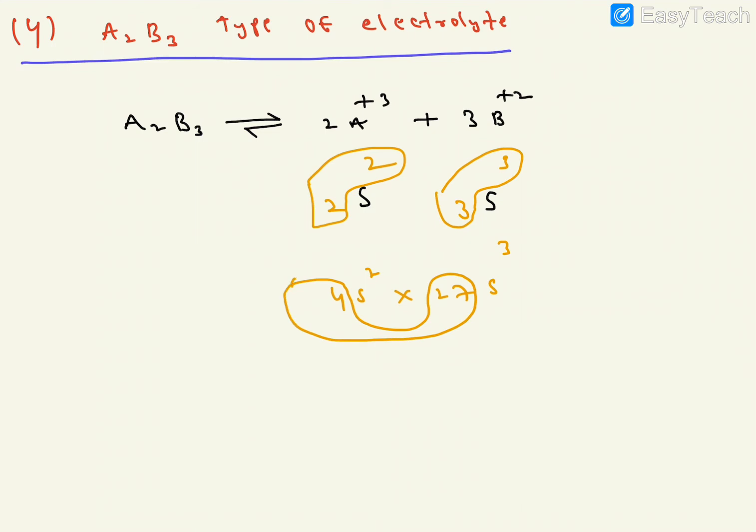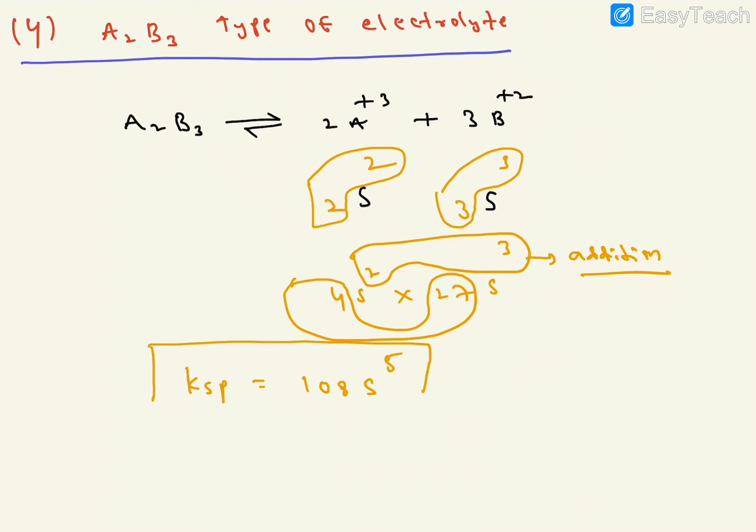Next, these two are multiplied and these two are added. So KSP is equal to 4 into 27, 108, and 2 plus 3, 5. This is called KSP, the solubility product of the A2B3 type of electrolyte.